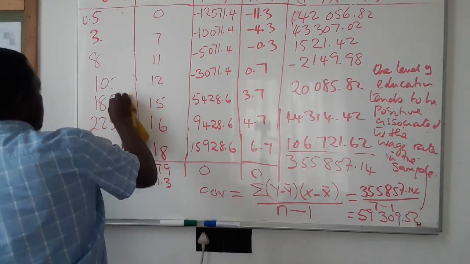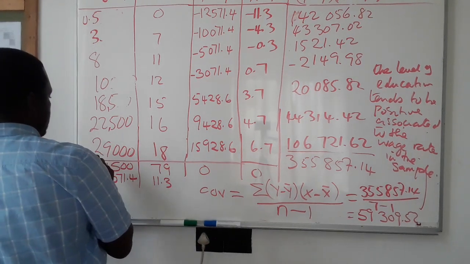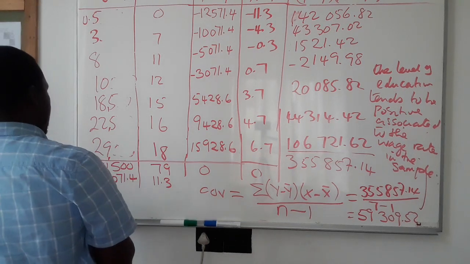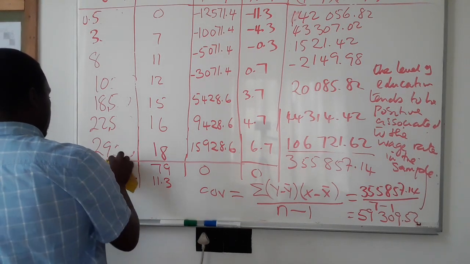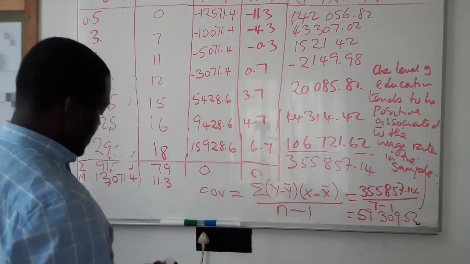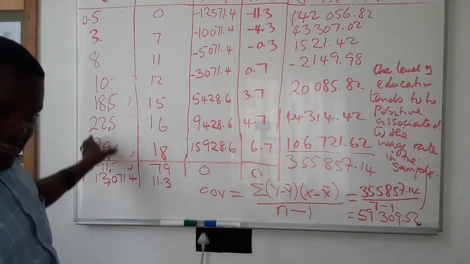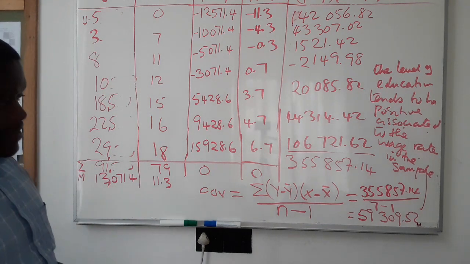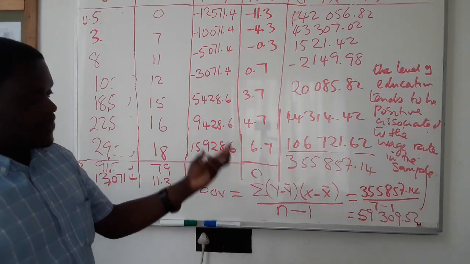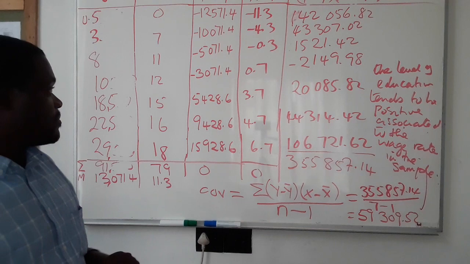This becomes 18.5. This becomes 22.5. This becomes 29 only. You see that? And this becomes 91.5. And this will become 13.07. Now, changing the scale of measurement like this will change the covariance. So it is very sensitive to the scale of measurement. That's one thing about it.